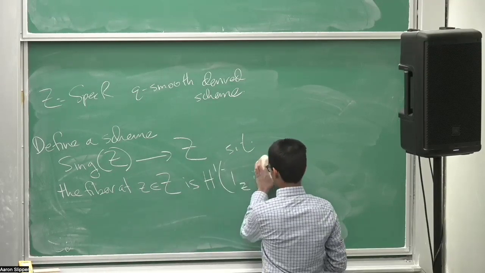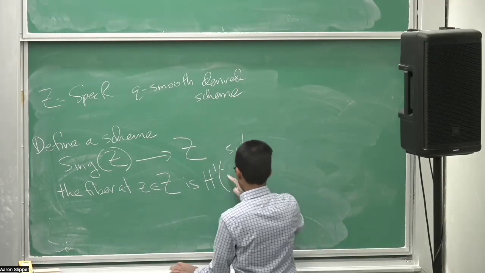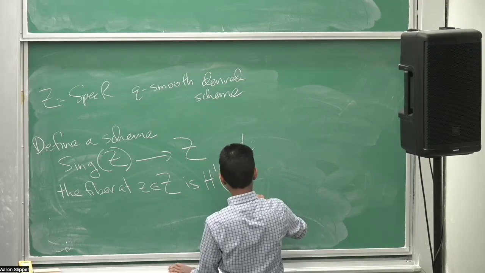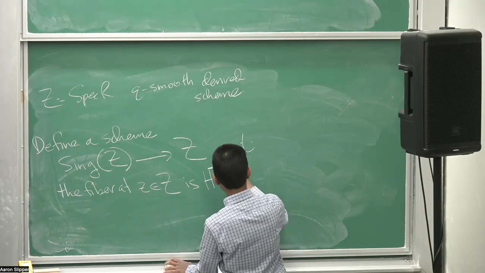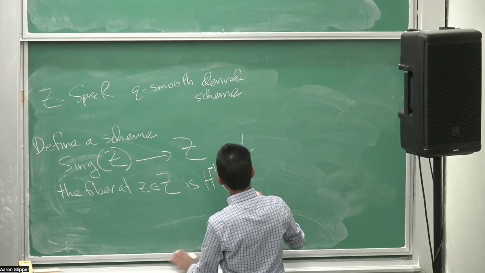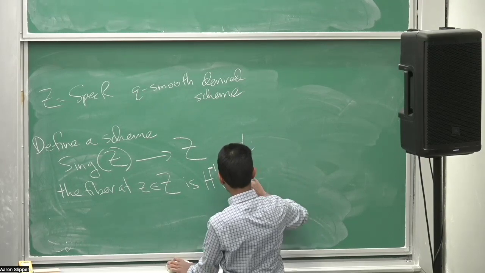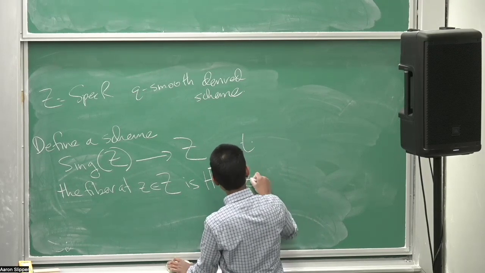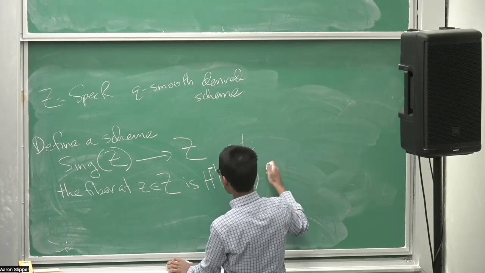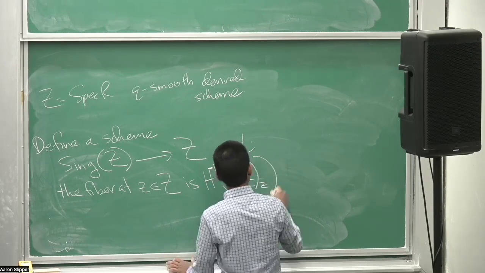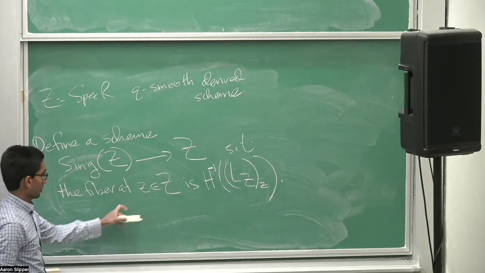So it's going to be H minus one of, well, take the cotangent complex of Z and then restrict that. Oh, sorry, let me make this a little bit more explicit.